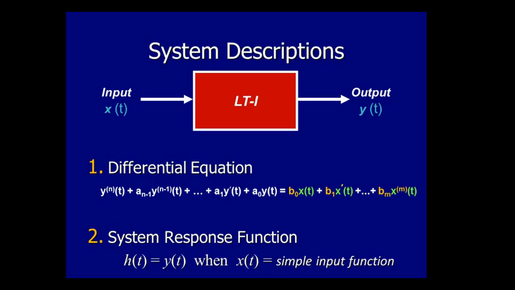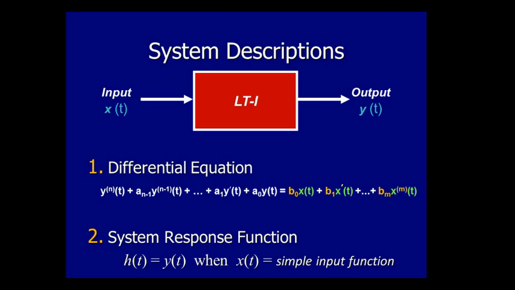And the key will be choosing a simple function that is the right shape so that I could express any input function in terms of a collection of those simple functions. Because then I can use superposition and time invariance to directly compute the output of the system in the same way we've been doing it by onesie-twosie kind of examples so far.